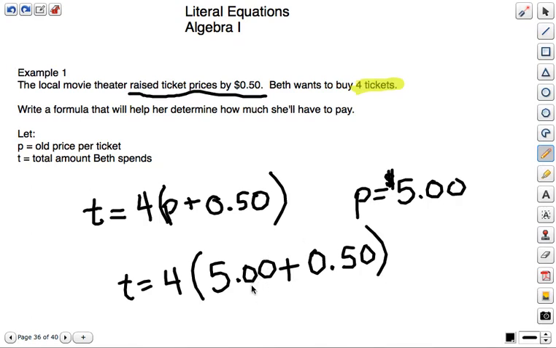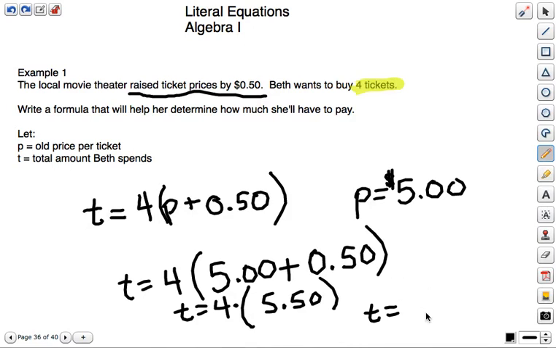Okay, so now we want to add in the parentheses. We want to go ahead and add those. Okay, so just follow the order of operations. So T equals 4 times 5.50. Okay, and then if we go ahead and multiply that, because when there's just the 4 and then the parentheses, you can think of that as multiplication.